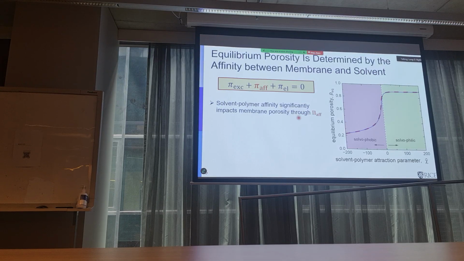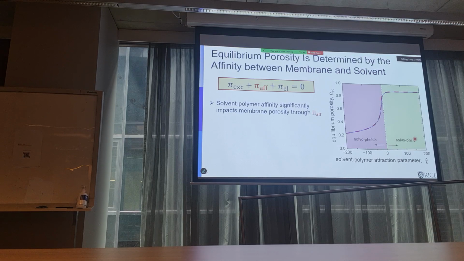From the simulation, we can model this part, and we have a parameter similar, not exactly, to the chi parameter in the Flory-Huggins theory. If this parameter is negative, it means it's solvophobic, it doesn't like the polymer, in our case PDMS, and if positive it's solvophilic.